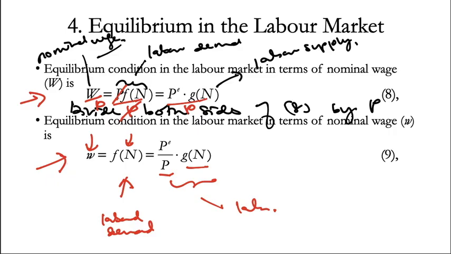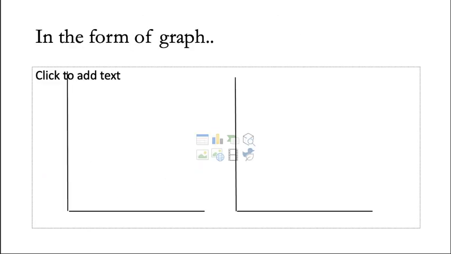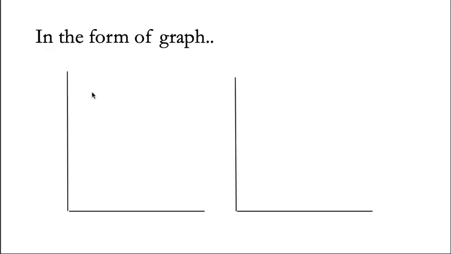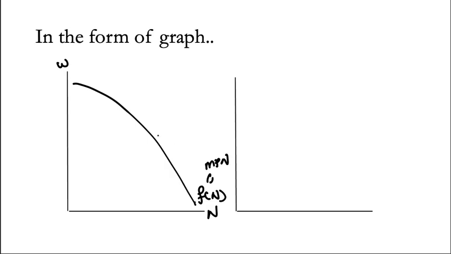Now let's try to put it in the form of graph. So in the form of graph, here, let's say we have real wage, employment. So we have Fn, the labor demand, and this is actually equal to MPN, remember?